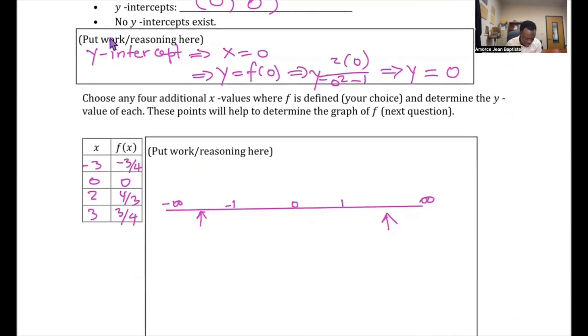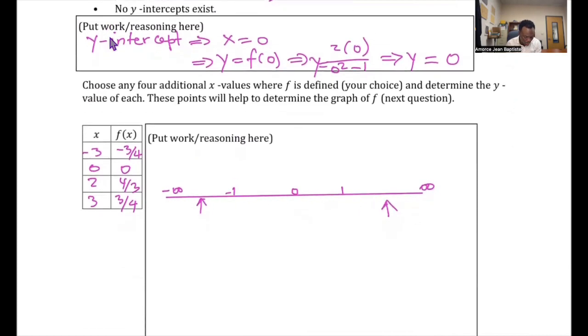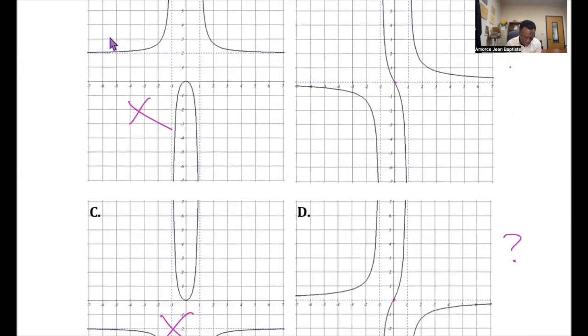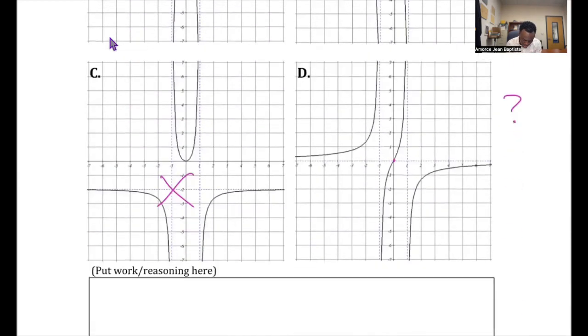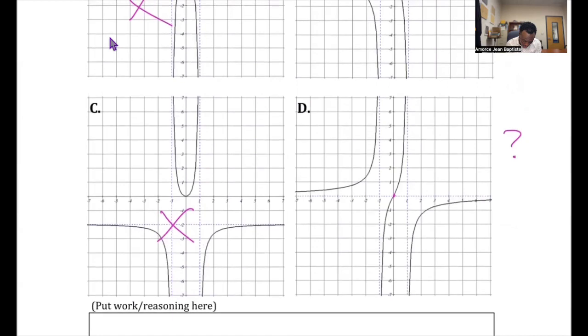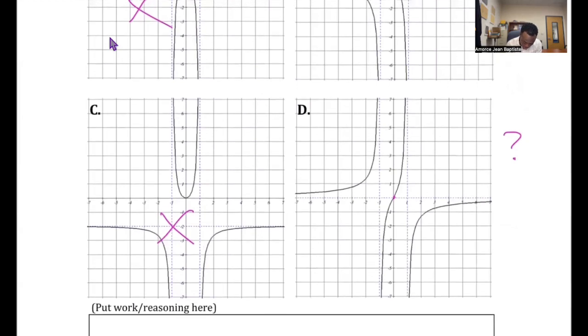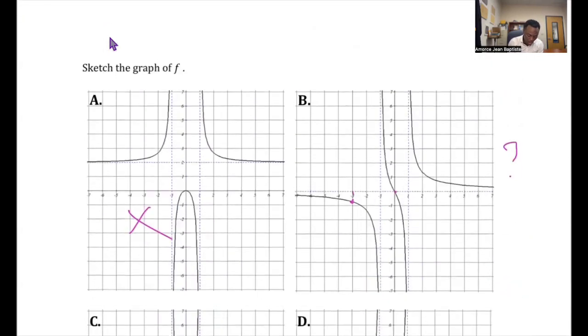I expect a negative y. For x equals -3 here, it gives me a positive solution, and I expected a negative, so D is not the solution. So I select B as the solution.